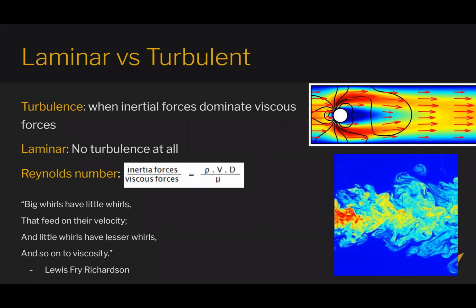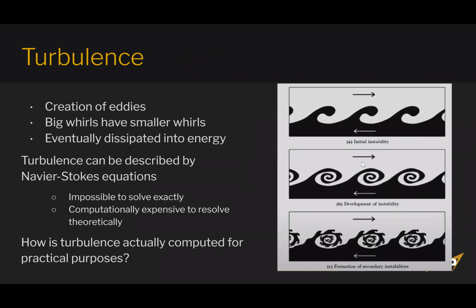The energy that made the turbulence just dissipates and dissipates until it goes straight back into the air, or the viscosity. You can see that better described here with the creation of eddy vortexes. These big whirls have smaller whirls, and those whirls feed on each other's energy, which is then dissipated.